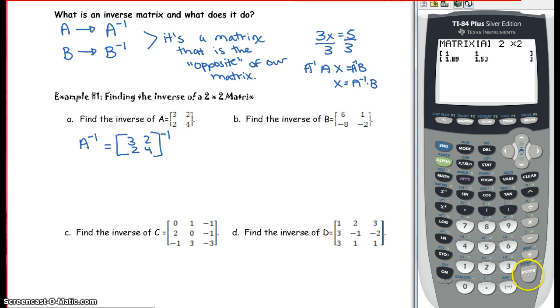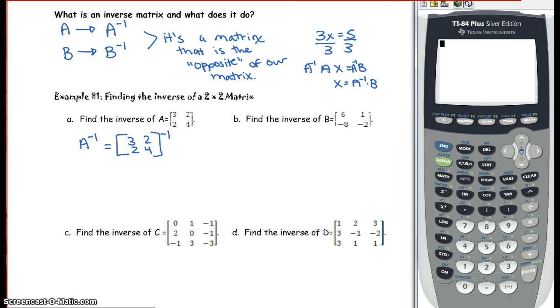This is a 2 by 2, which is what we learned last time. Then we input our entries: 3, enter, 2, enter, another 2, enter, another 4. I like to double check that what I have here is exactly the same as what I have here. Everything looks good, so I'm going to quit out of it.